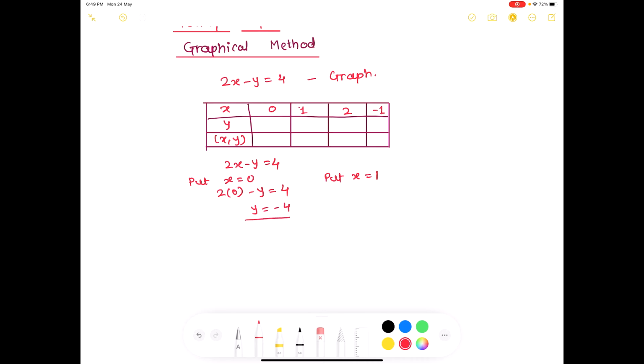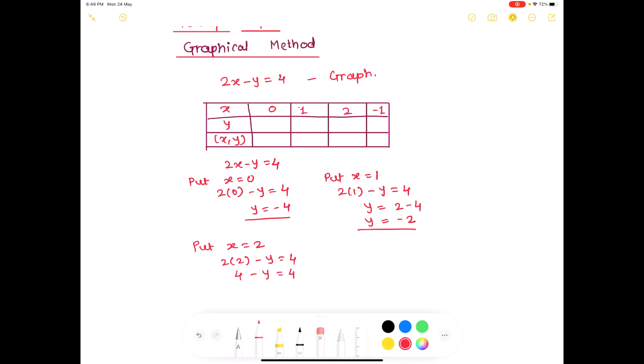Next, after putting x is equal to 1, you will get 2 into 1 minus y is equal to 4. So y will be 2 minus 4, that is y is equal to minus 2. Fine. Next, put x is equal to 2. So 2 into 2 minus y is equal to 4, that is 4 minus y is equal to 4.